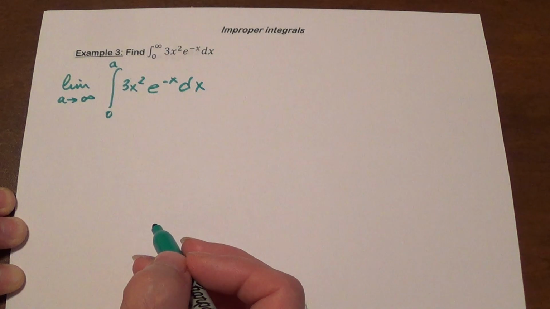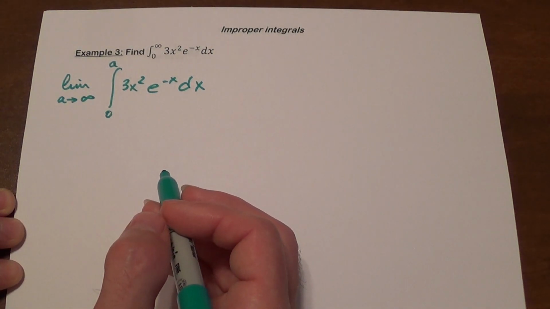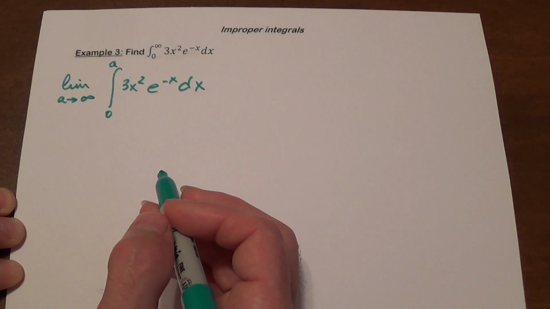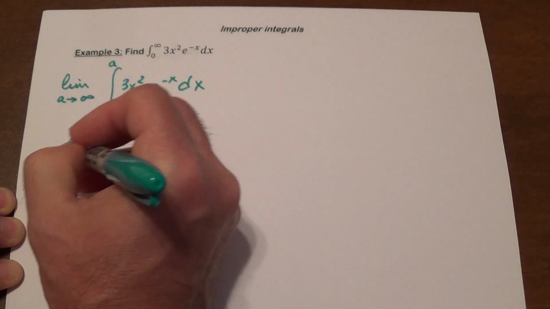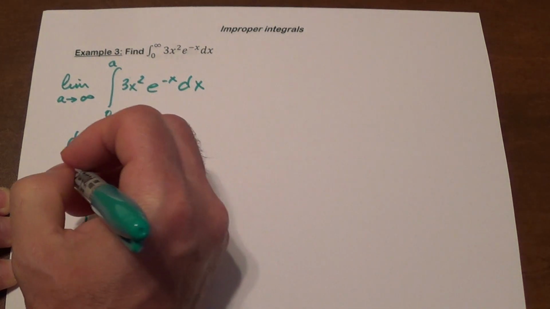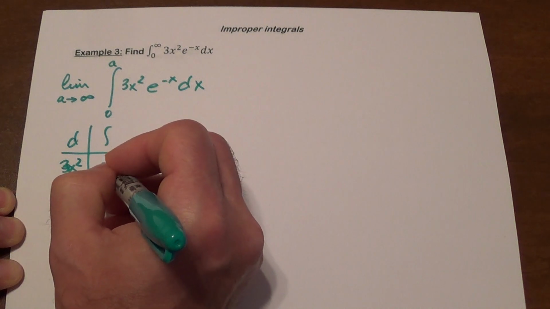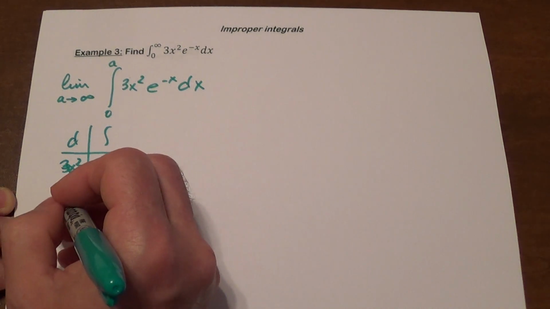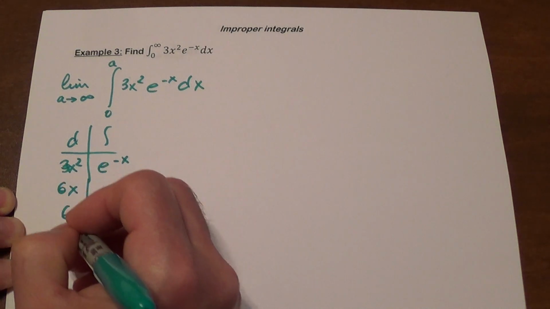So over here, it's one of these problems where you have to use either integration by parts, which is going to take forever because you're going to have to do it 3 times, or we're just going to do a tabular method, which I have another video explaining. So we're going to have 3x squared here, and here is going to be e to the negative x. So here we differentiate, this will eventually become 0: 6x, 6 and 0.